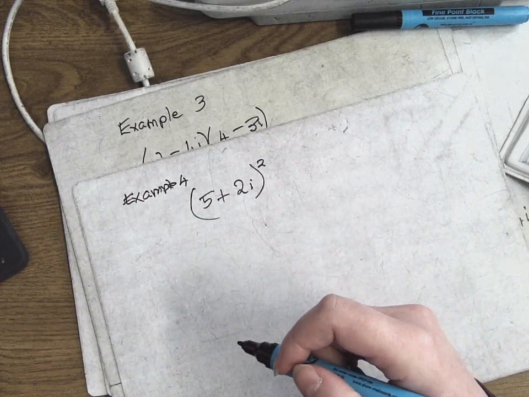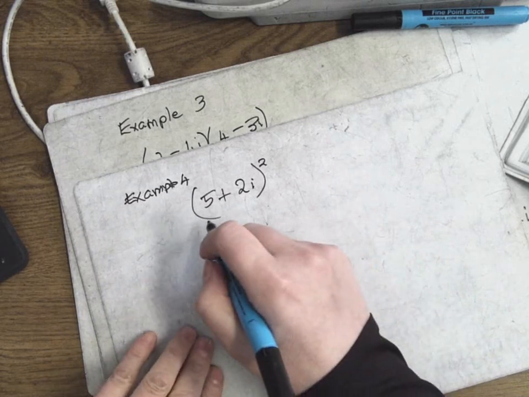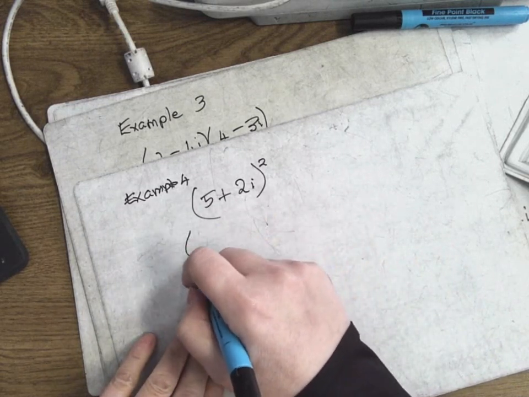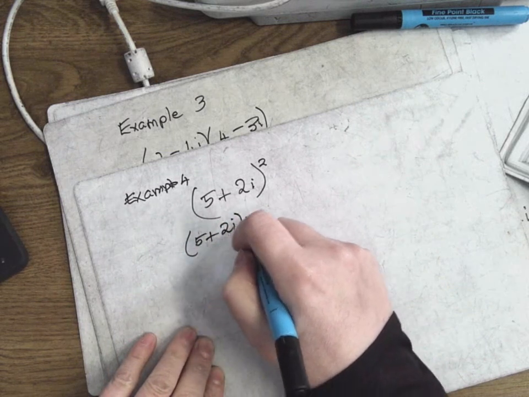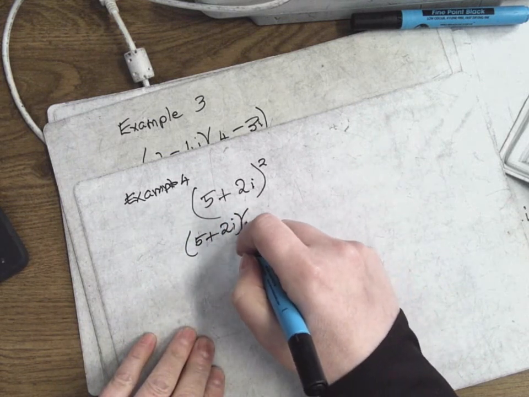It means multiply the number by itself, doesn't it? So 5 plus 2i to be squared is a short way of writing 5 plus 2i multiplied by what? 5 plus 2i.